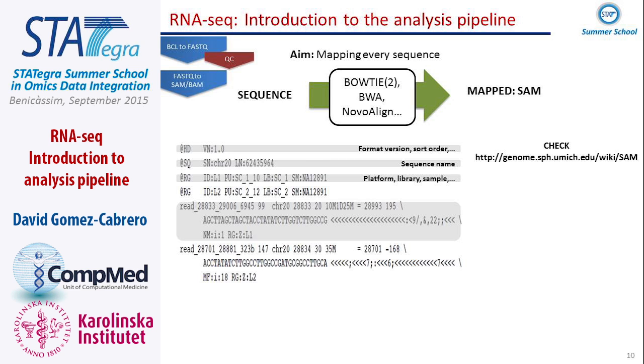So this is an example of another read. This is more similar to what STATegra has. And this is mapping to chromosome 20, the version of the mapping, and some information about it. You can look into this link, and you will get all the information if you want to dig more.